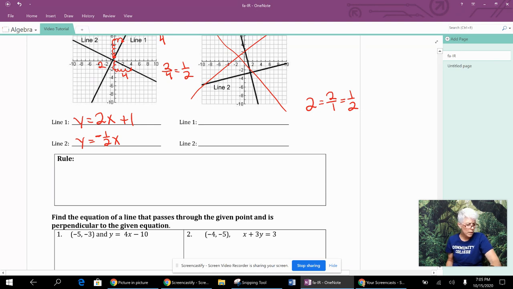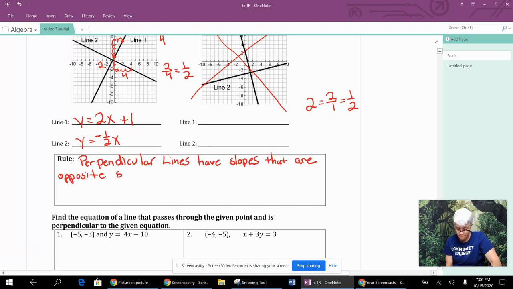So the rule here is that perpendicular lines, and this is super important for you to remember, that is a long word, have slopes that are opposite signs.